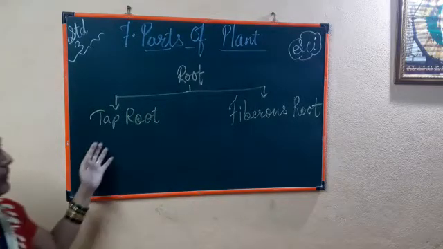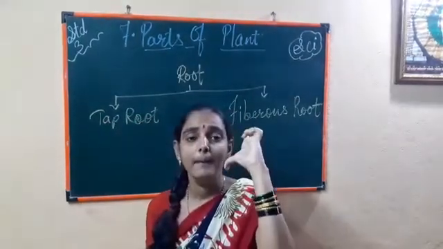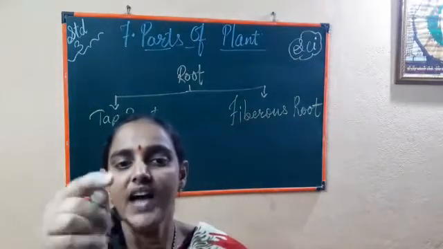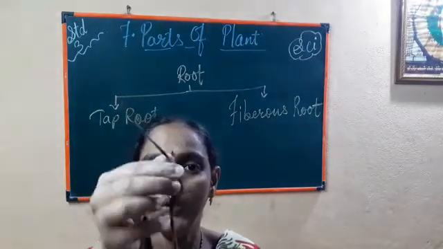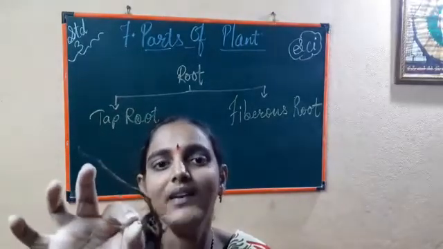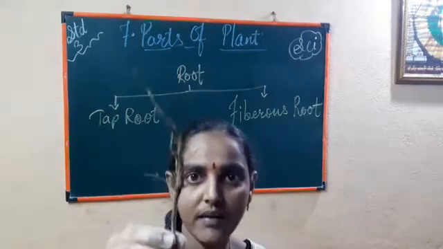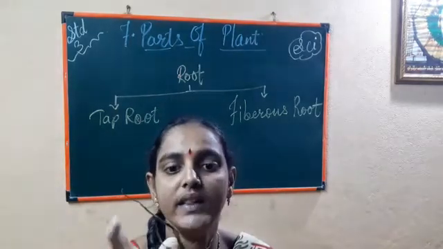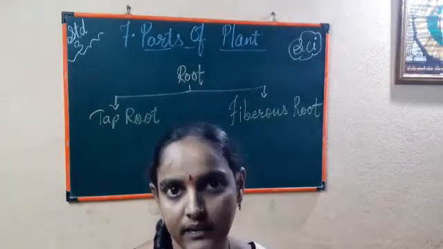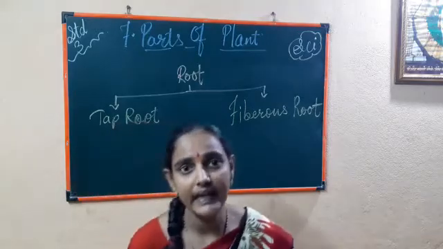Now taproot. Taproot is the root which has only one main root, okay. These short roots are not available in the taproot. This is fibrous root, but taproot has only one main root. For example, carrot is a taproot. We eat carrot, gajar.